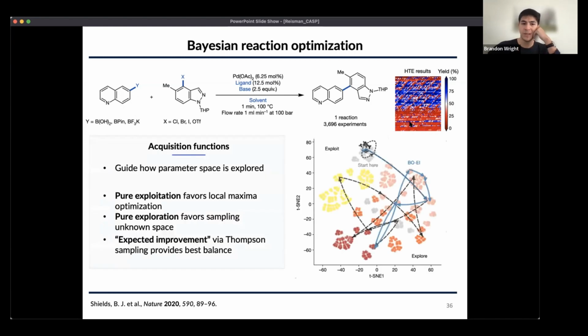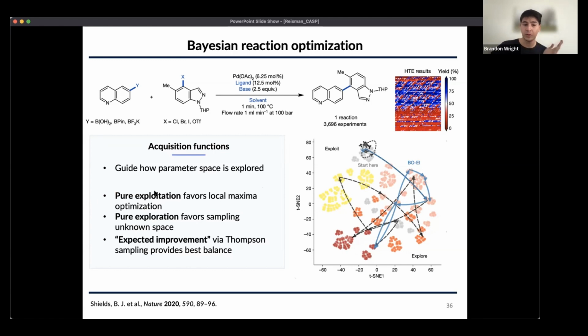And the way Bayesian reaction optimization works is it uses something called an acquisition function, which helps guide the algorithm for exploring parameter space. What you typically do, as you might in the laboratory, is you just try some condition. And then you have to decide, based on my result, what sort of things should I vary to get a sense of the yields in this parameter space?